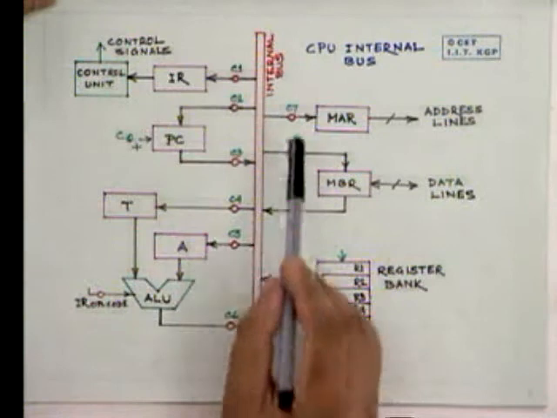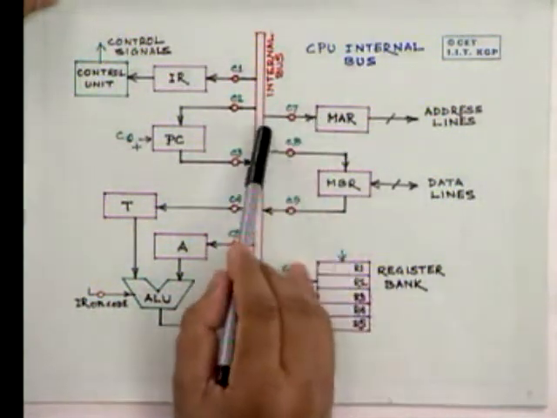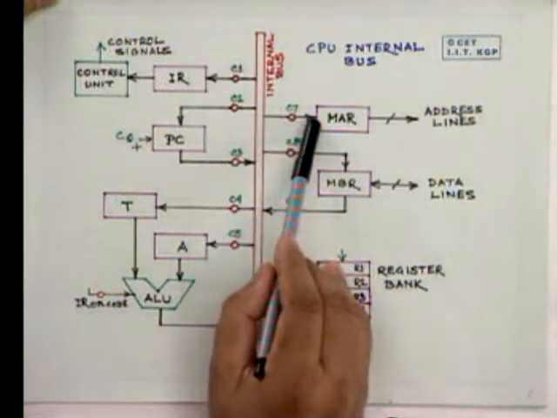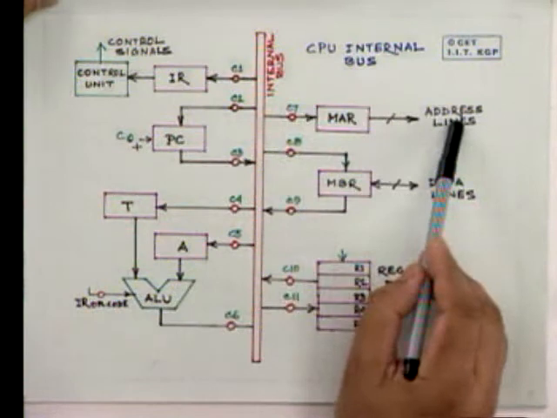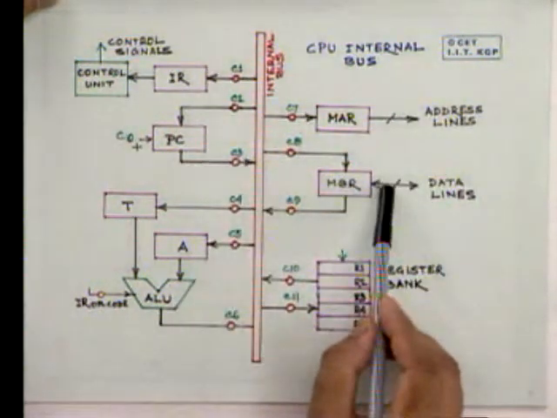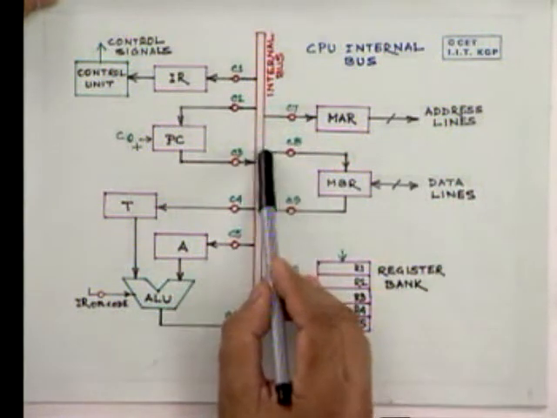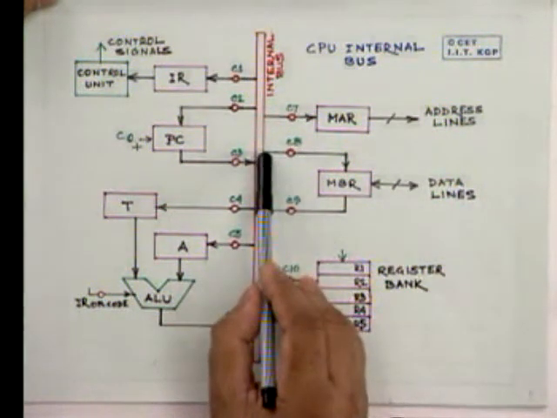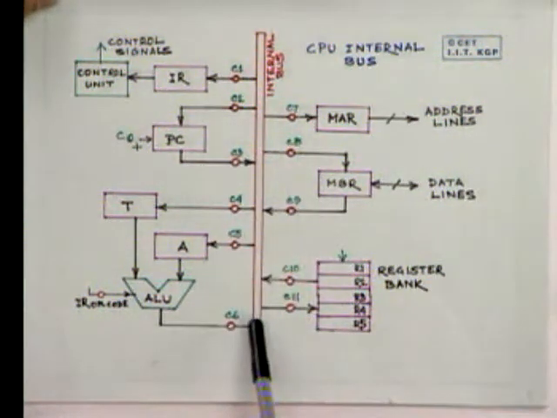Now, let's complete the discussions that we had. Here we have a channel from the internal bus to the memory address register, and that's the external bus. The memory data lines are bidirectional, therefore data can be transferred from the internal bus to MBR and from MBR to the internal bus.